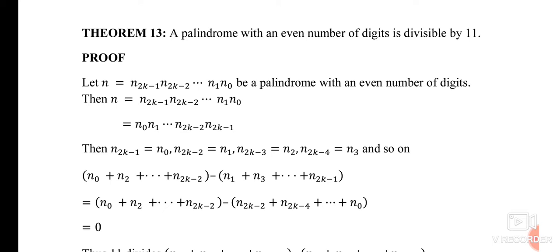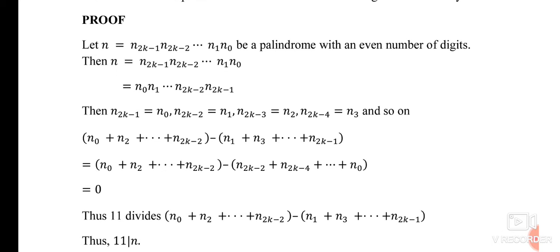difference of the summation. So, n_0 plus n_2 up to n_{2k-2}, minus n_1 plus n_3 plus up to n_{2k-1}. We know n_1 equals n_{2k-2}, n_3 equals n_{2k-4}, and so on, n_{2k-1} equals n_0.